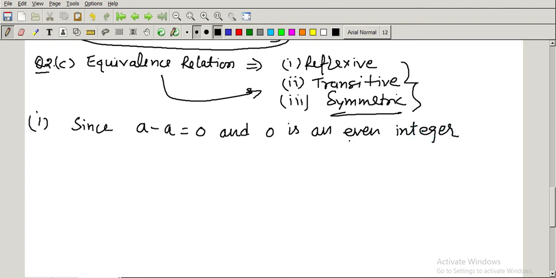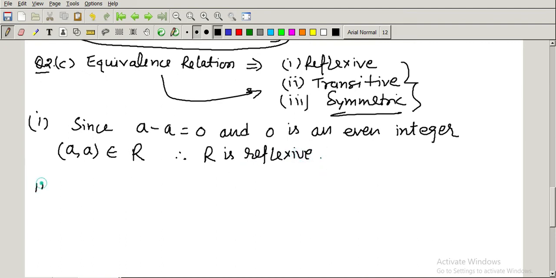So we can say that (A, A) belongs to R. Okay, so इसलिए we can say R is reflexive.